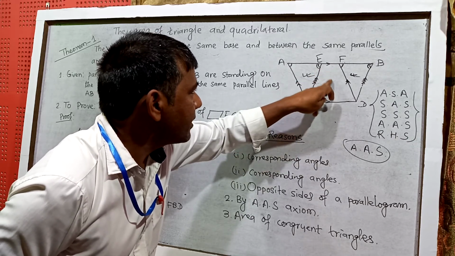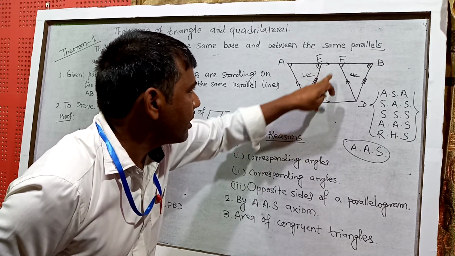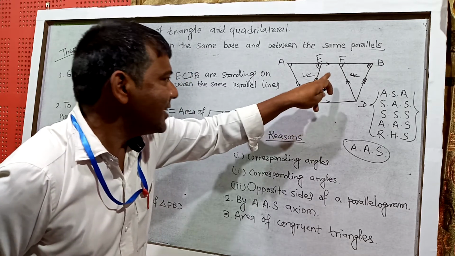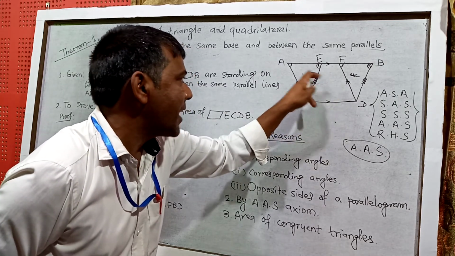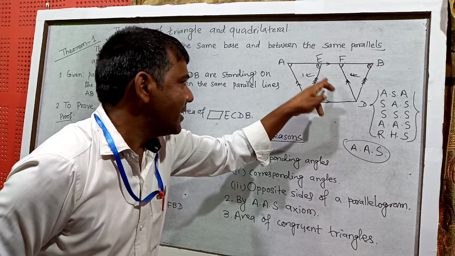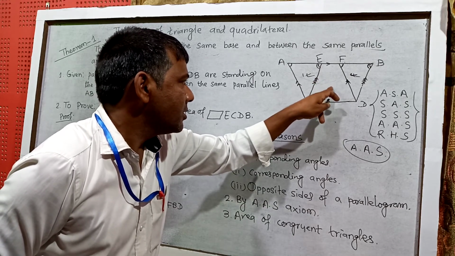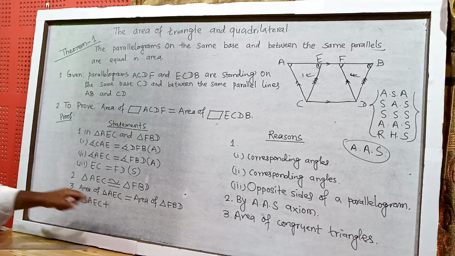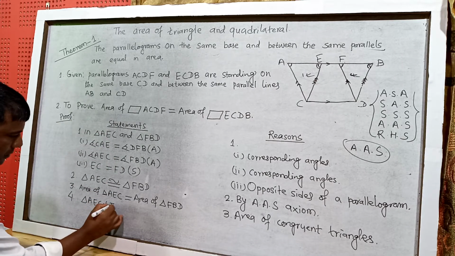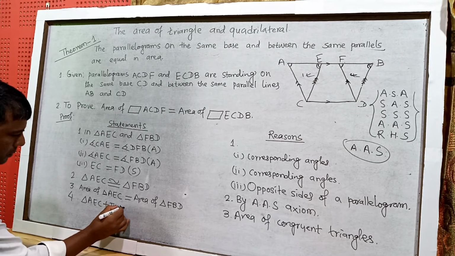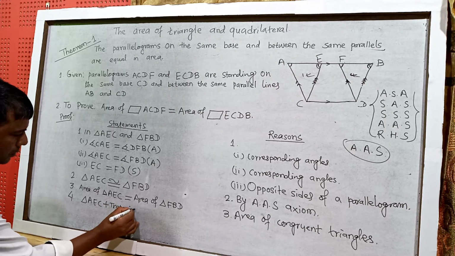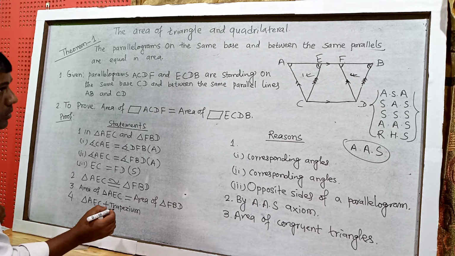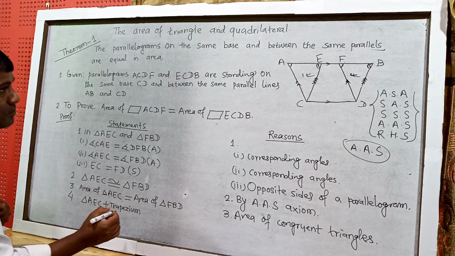It is a quadrilateral in which one pair of opposite sides is parallel, so it is a trapezium. Let's add this trapezium with this triangle, trapezium ECDF.